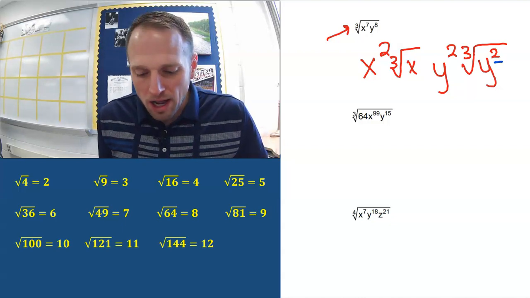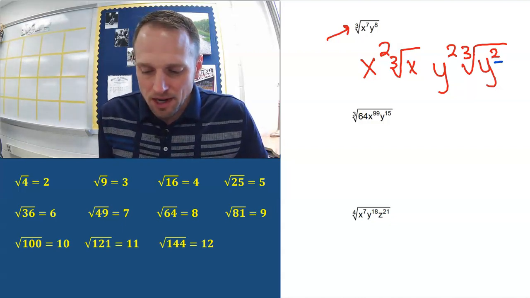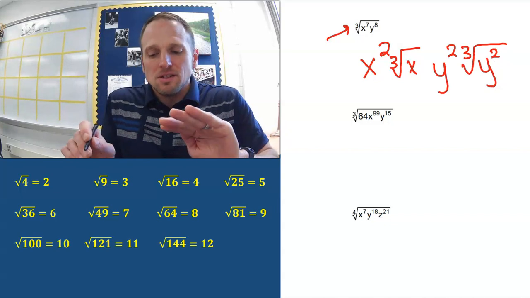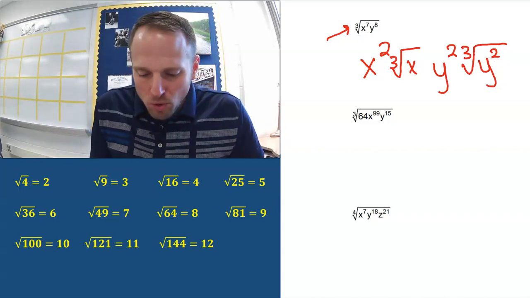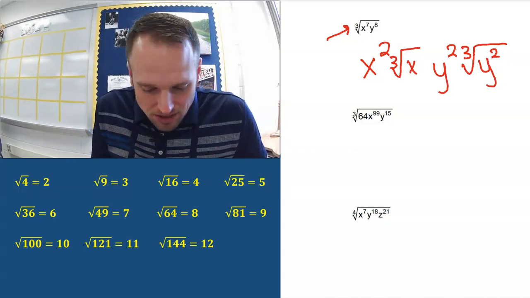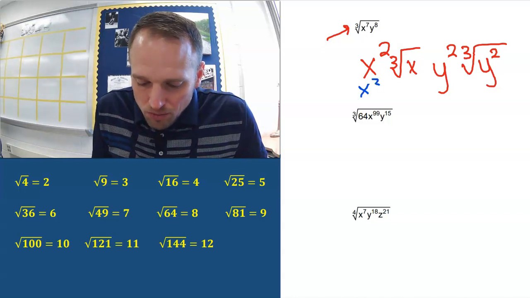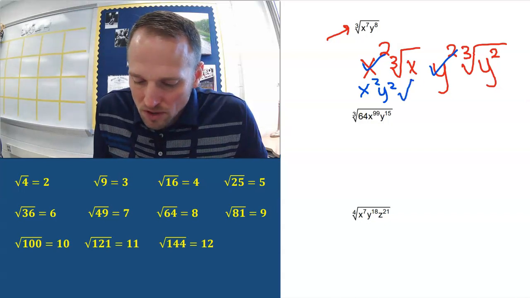I made that a y squared in there. So now let's put the radicals together and put everything else out front. So the final answer is going to be x squared y squared, using both of those, times the cube root of x y squared.